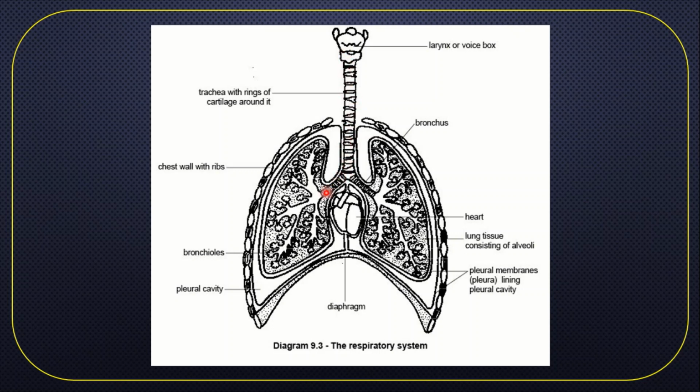The branches of the trachea which enter both lungs are named bronchus. Again, the bronchus divides into many branches. These branches of the bronchus are called bronchioles, and the end of the bronchioles carries alveolus.